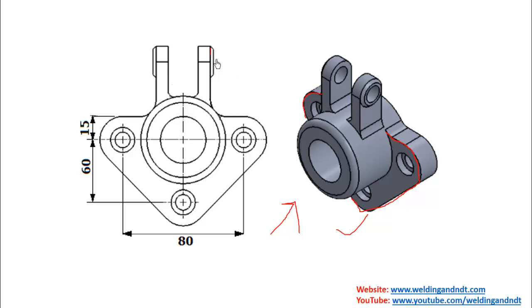Here this entire outline has been given by a thick solid line. These are the visible parts.